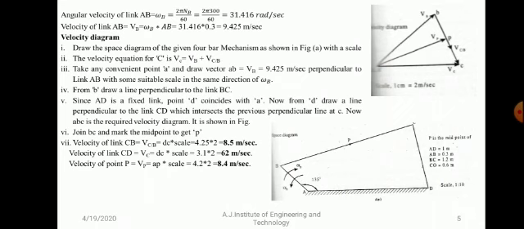Velocity of the link CB is calculated, VCB is equal to BC into scale.